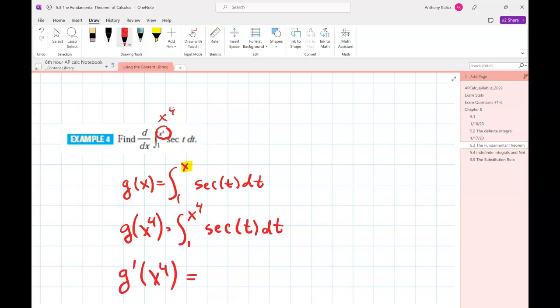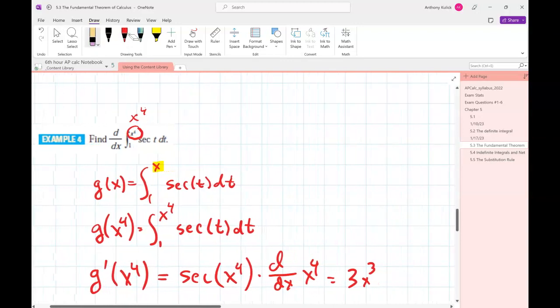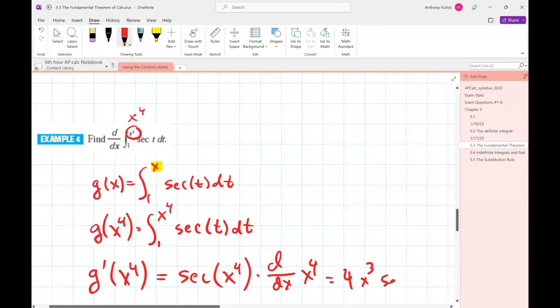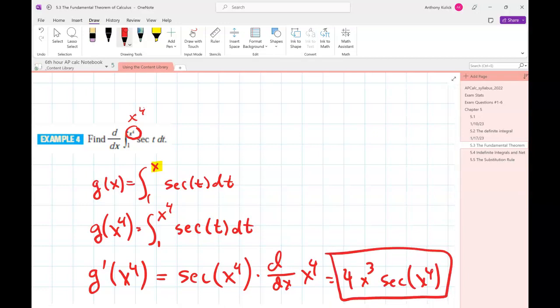So the chain rule is going to give us the derivative of g, which is just secant with the inside plugged in, times the derivative of the inside, which is the derivative of x to the fourth, which is 4x cubed. And we're done.